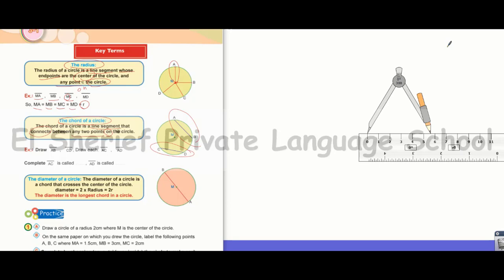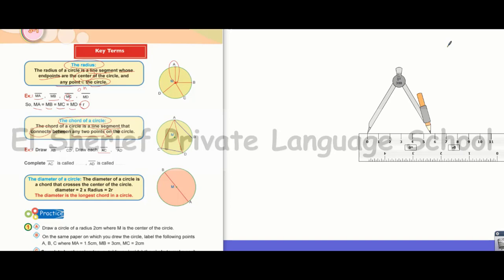So the chord of a circle is a line segment that connects between any 2 points on the circle, like A, B, like C, D. Here we need to draw AC and line segment AD.